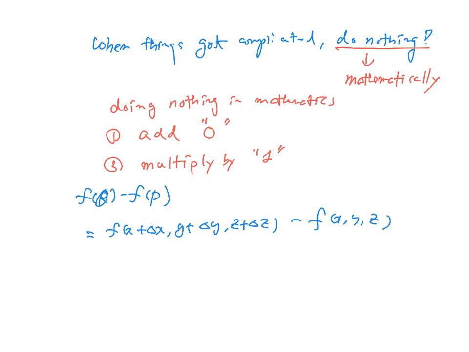In this case, we can add zeros. How do you make 0? You can subtract something and add the same thing, right? That's basically 0. So I would say f(x plus delta x, y plus delta y, z plus delta z). I like to subtract one thing, f(x, y plus delta y, z plus delta z). I subtracted this, so I added it here, same thing, right?